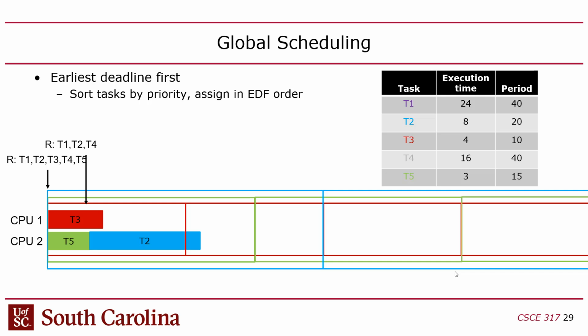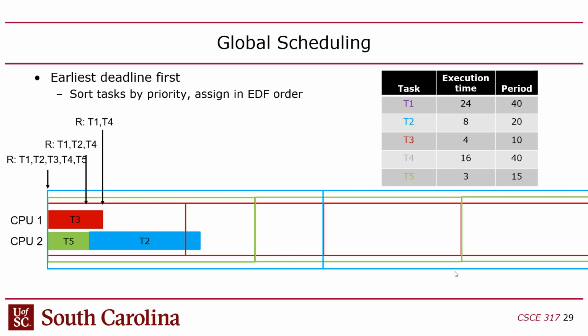Maybe not, actually, because T2 could have been preempted whenever this red line crossed it. When this red line crossed it, that meant T3 was ready to go again, and if T3 has a higher priority, it could preempt T2, except it doesn't because we still have another CPU. Anyway, let's see what happens.